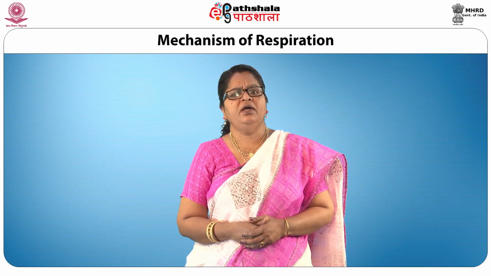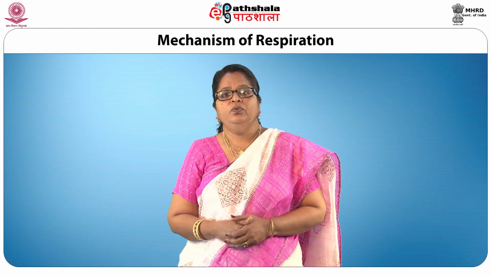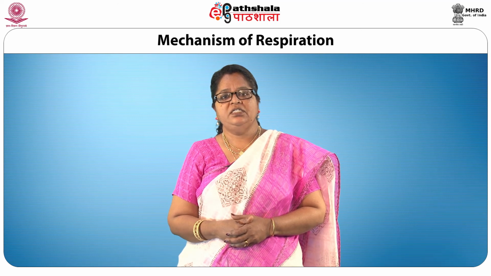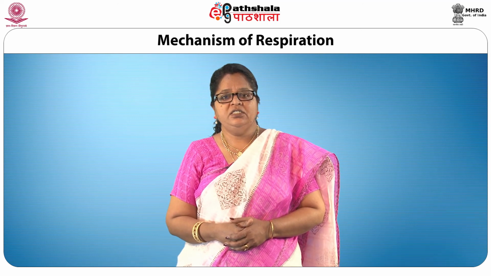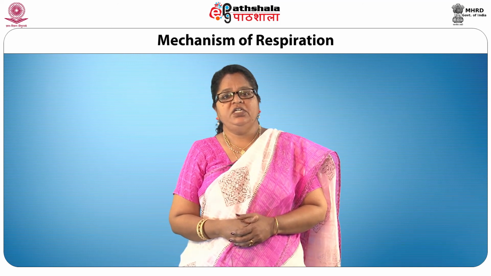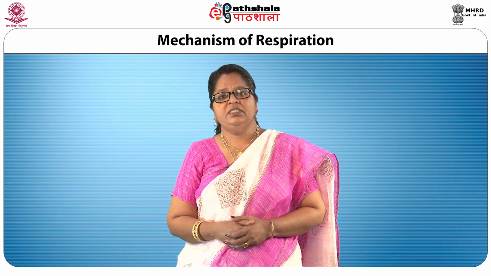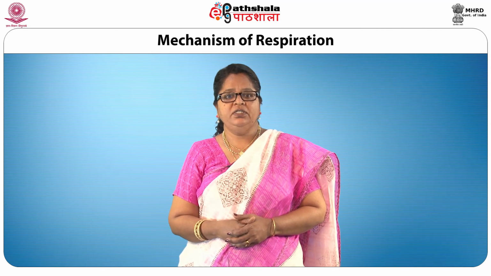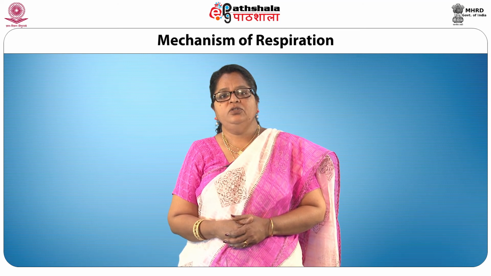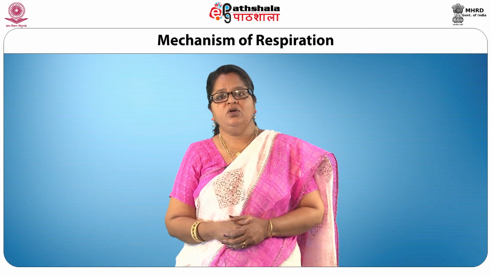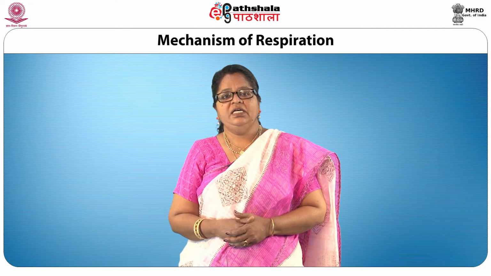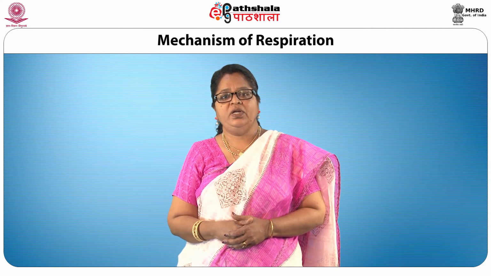During respiration, air is utilized to overcome three types of resistance. One is the airway resistance, or the resistance to the passage of air through the respiratory tract, which increases during bronchiolar constriction and increases further the work done by the muscles during breathing. The work done to overcome the airway resistance is called airway resistance work. Second is the elastic resistance of lungs and thorax.